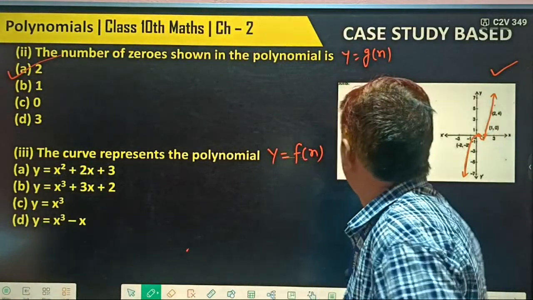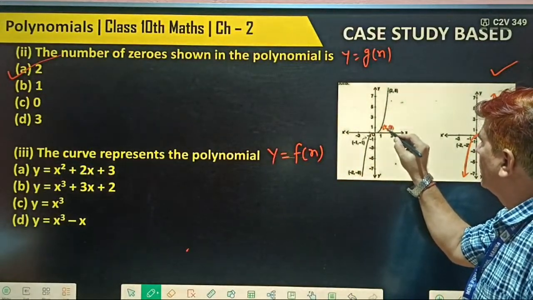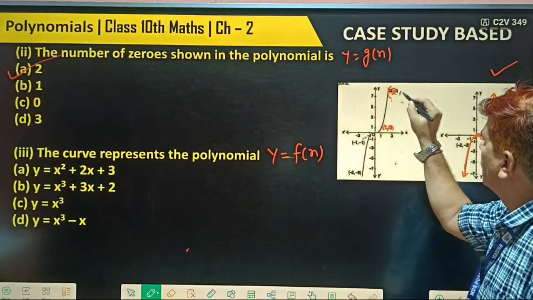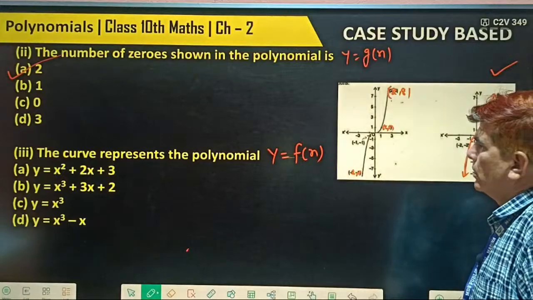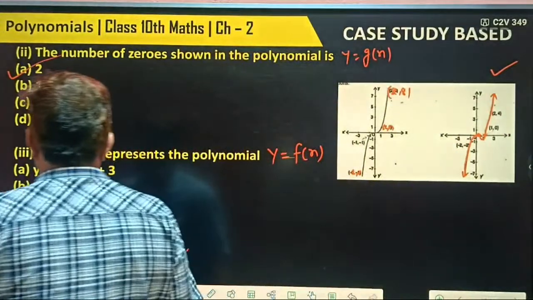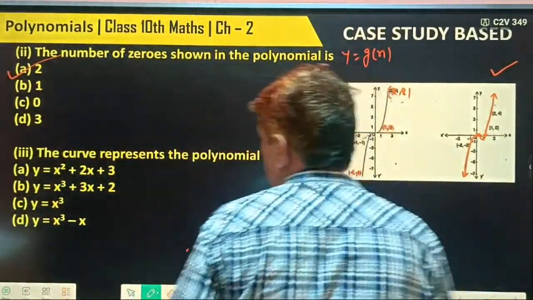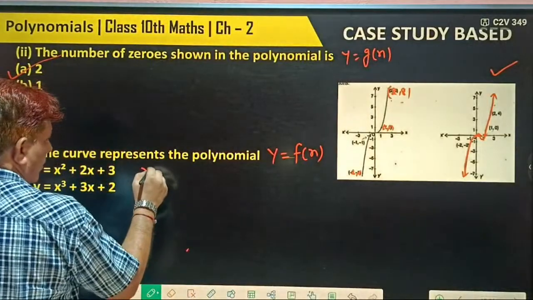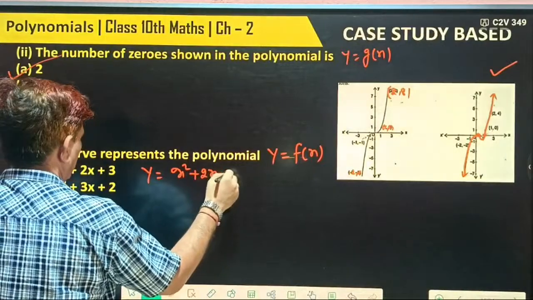Which one is it? Points given are (1, 1), (2, 8), (-2, -8). Definitely they will satisfy the equation whose graph this is. So we can take y equal to x square plus 2x plus 3.